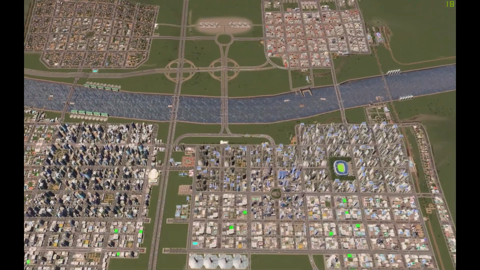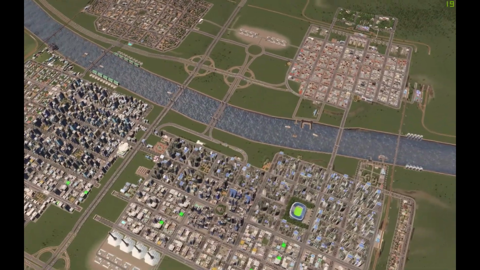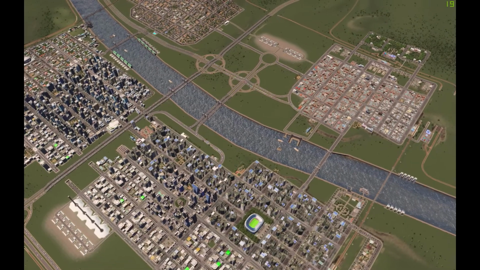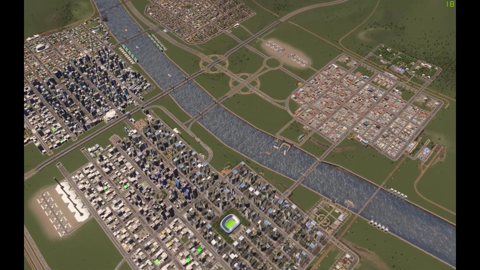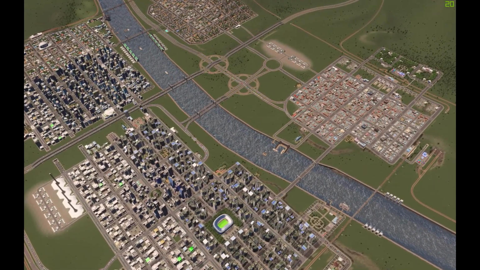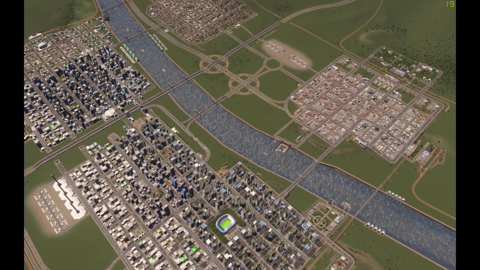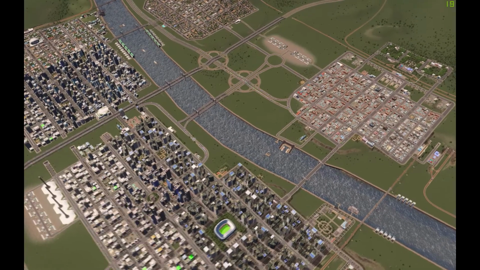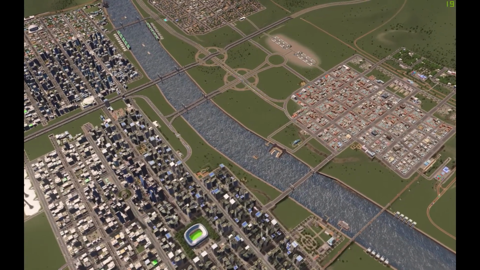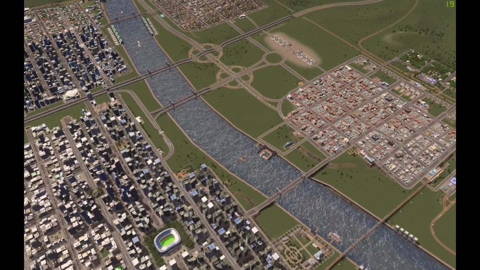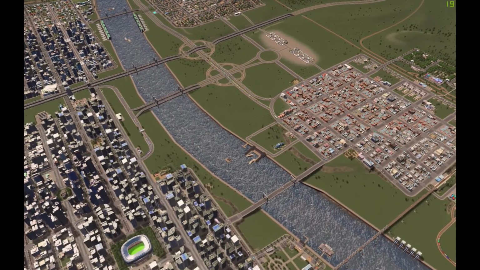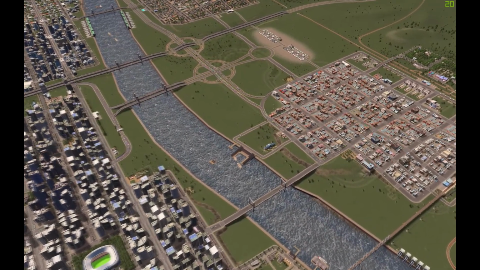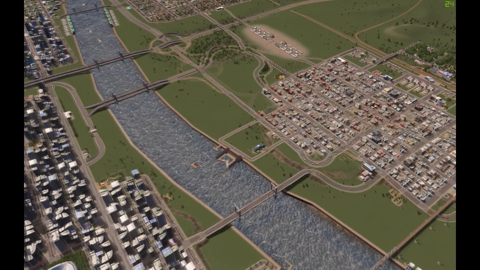Oh, the double cloverleaf and the industry. I really like this industry. I still come back and try to mess with it. Well, I need to. I got it running pretty good, but there's a few issues. If there was anything that I repaired in this city, the roadway here was it.